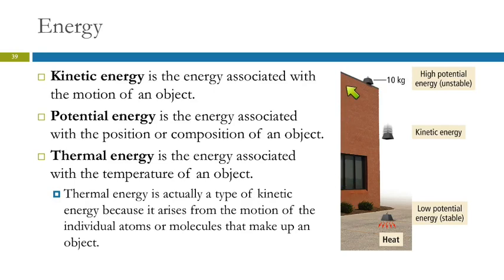So in this illustration, we have a 10 kilogram weight sitting on top of this building. It's not moving. It doesn't have much kinetic energy, but it has potential energy, because if you give that a nudge, what's going to happen? It's going to fall. And as it falls and comes closer to the ground, its potential energy is decreasing.